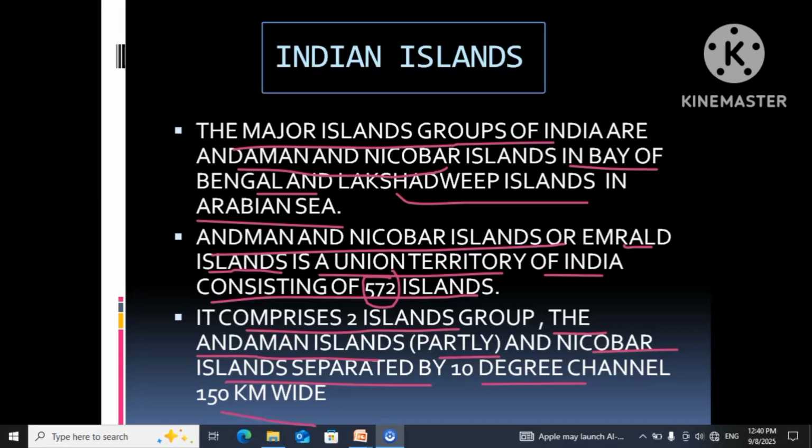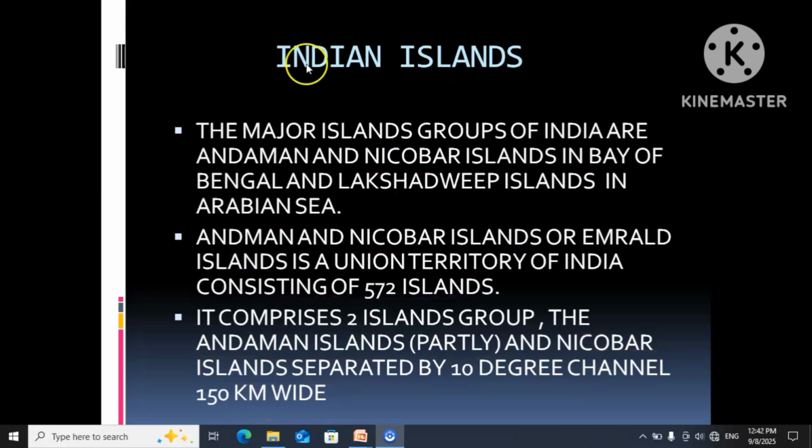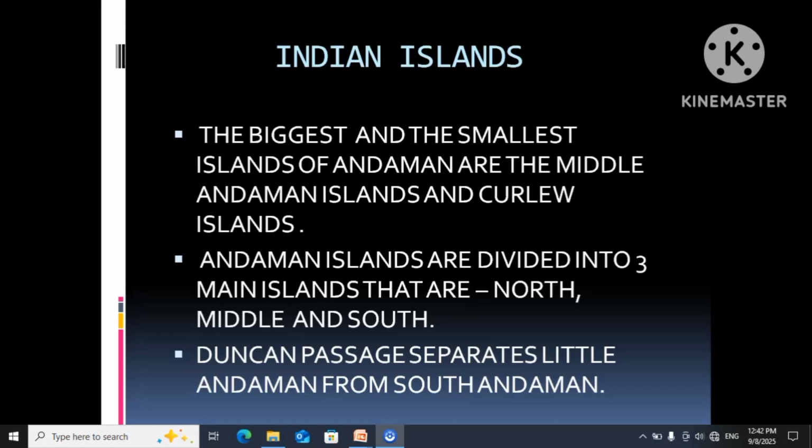The 10-degree channel is 150 kilometers wide, and it separates the Nicobar Islands from the Andaman Islands. Now we will discuss more about this topic. Let's go.